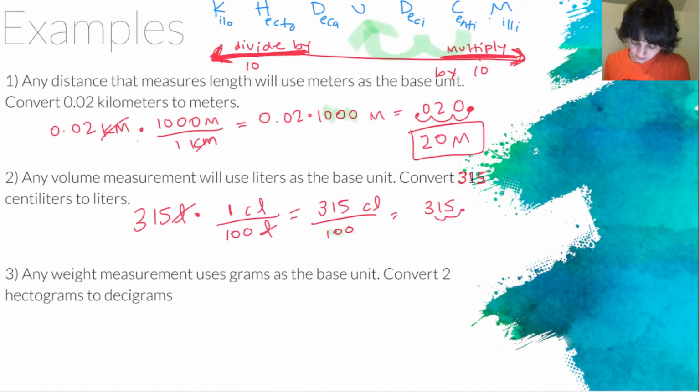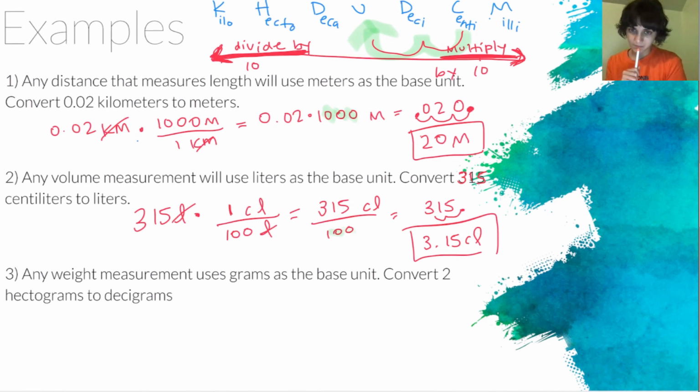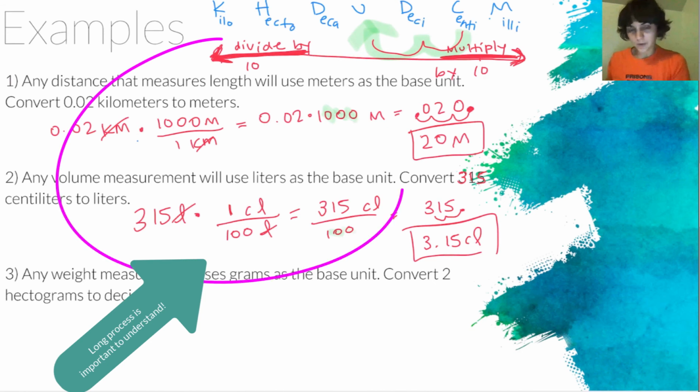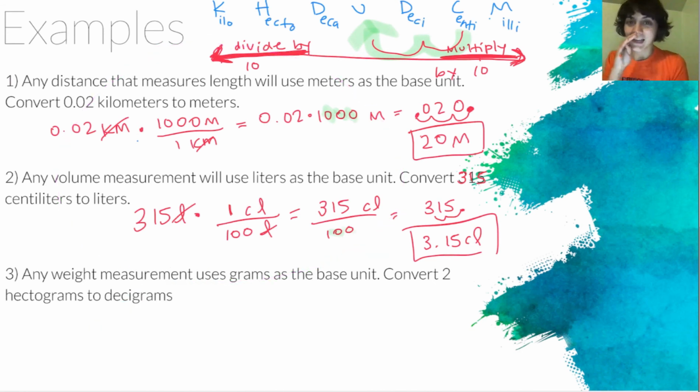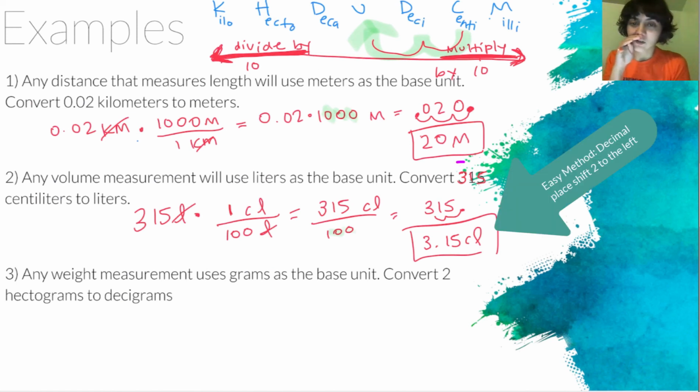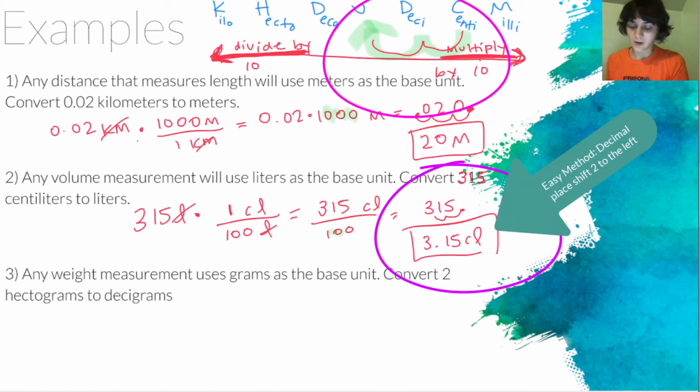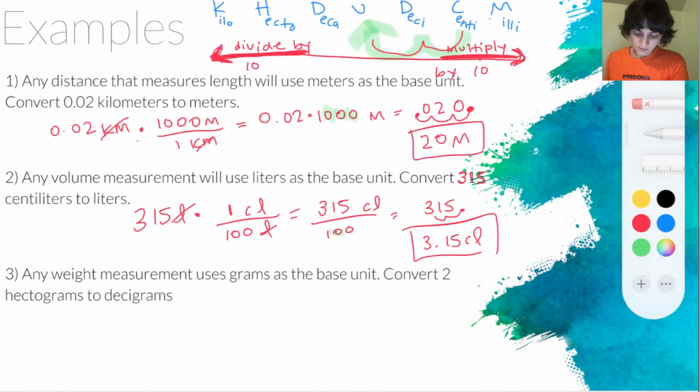So this is 3.15 liters. Just as I moved over 2 to the left there, essentially my decimal place is just moving 2 to the left. I'm showing you the long process so you can see everything that's happening, but basically I just moved the decimal place over 2 to the left. It's a big secret, okay? Alright, let's look at the last one.